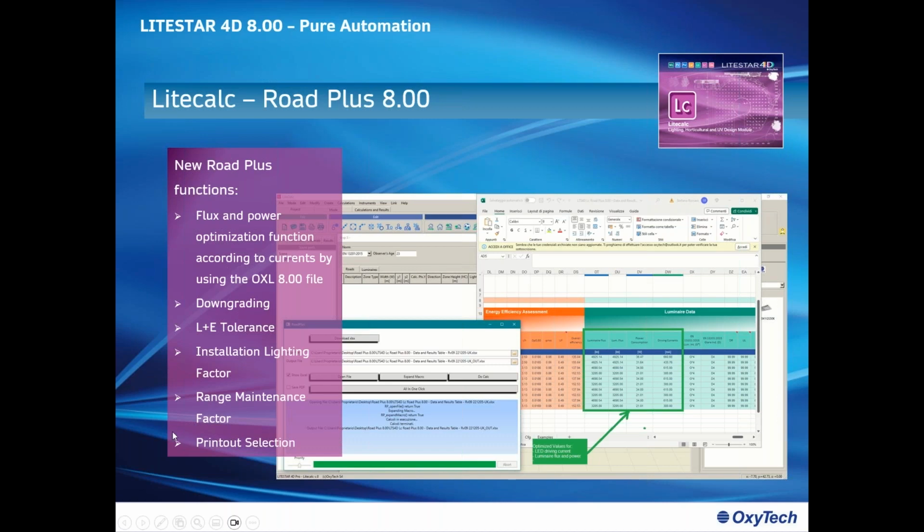The latest feature that we introduced is the printout selection. What does it mean? It means that before, the Road Plus users may calculate, for example, 1,500 lines of the Excel file. Why? Because they were corresponding to the different LDT files. So many calculations.